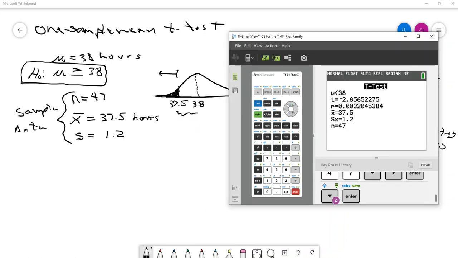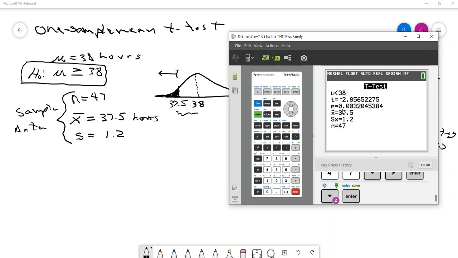Let me get that back up. All right. Well, you're saying that distance is a half. Well, yeah, it is. It's a half an hour. But in statistics, we're talking about standard deviation. That's our unit of measure. And we are negative 2.86. The distance from here to here is 2.86 standard errors. Negative means one on the left, right?